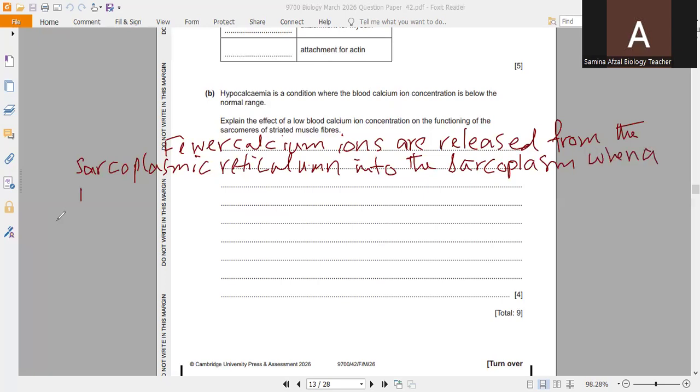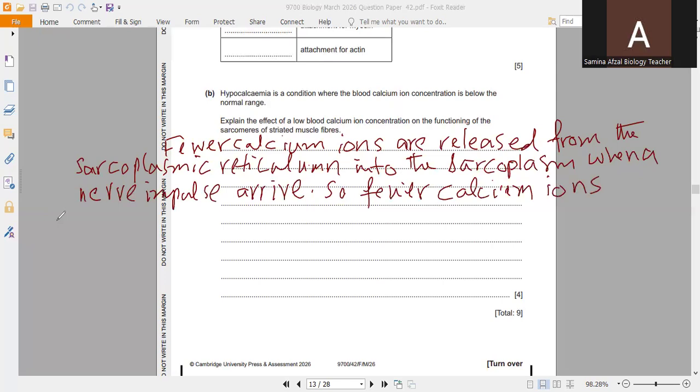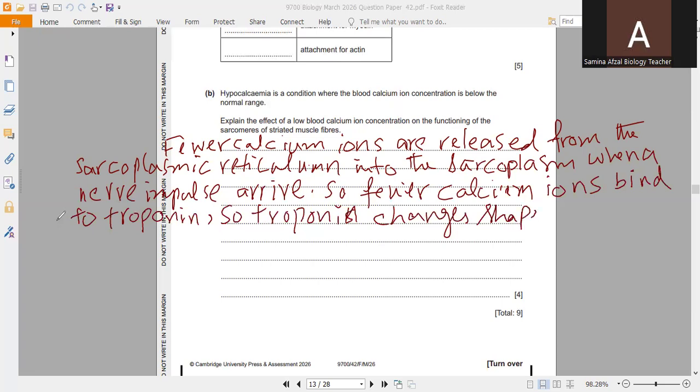Then a nerve impulse, so fewer calcium ions bind to troponin. So the troponin changes shape, or not.